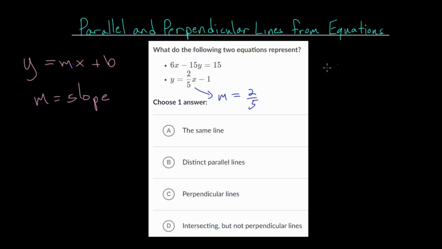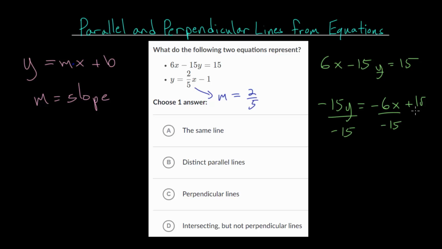So let's rewrite this top equation. We have 6x minus 15y is equal to 15. We want to solve for y, so let's subtract 6x on each side. So we get -15y equals -6x plus 15. To solve for y, we'll need to divide everything by -15. And remember, when you're dividing, you have to divide everything by that number.